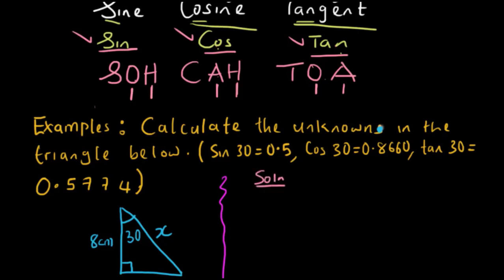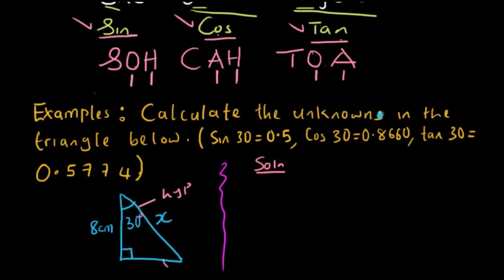The first thing you want to do is to label the sides of the triangle. Remember, the side facing the right angle is the hypotenuse. The side facing the angle given, in this case 30 degrees, is the opposite. The third side is the adjacent. The next step is to note the two sides you are relating.